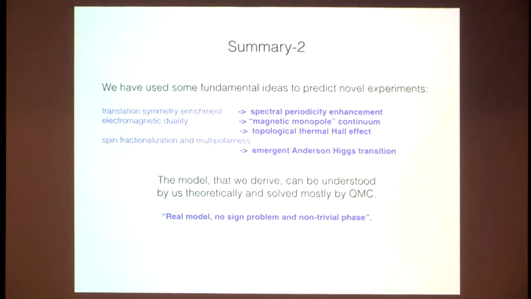So this is a realistic model, with application to a realistic physical system, but has no sign problem for quantum Monte Carlo. At the same time, it also has a non-trivial quantum ground state. It is extremely rare for a physical model to be solvable with quantum Monte Carlo and at the same time have a non-trivial ground state. So thanks very much for your attention.